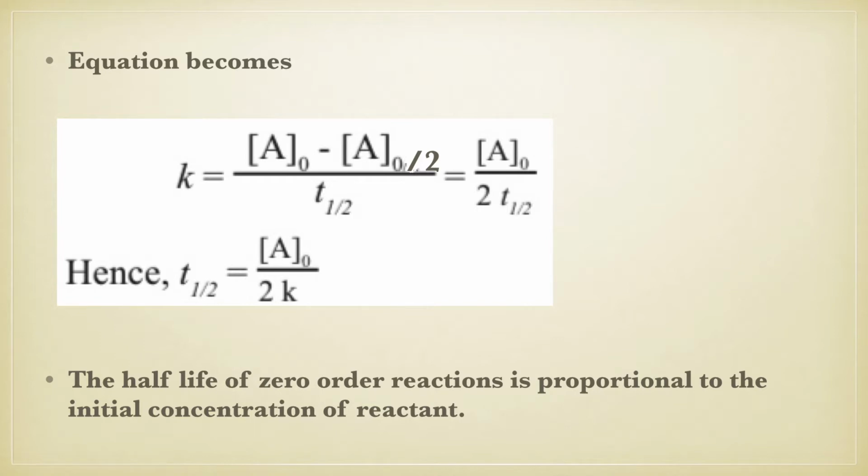So it will be 2 A naught minus A naught upon 2. 2 minus 1 is 1, so it will be 1 into the molar concentration of A naught upon 2 t half. So what is t half equal to? t half is equal to initial concentration upon 2k, or you can also write the equation as k is equal to initial concentration upon 2 into t half.